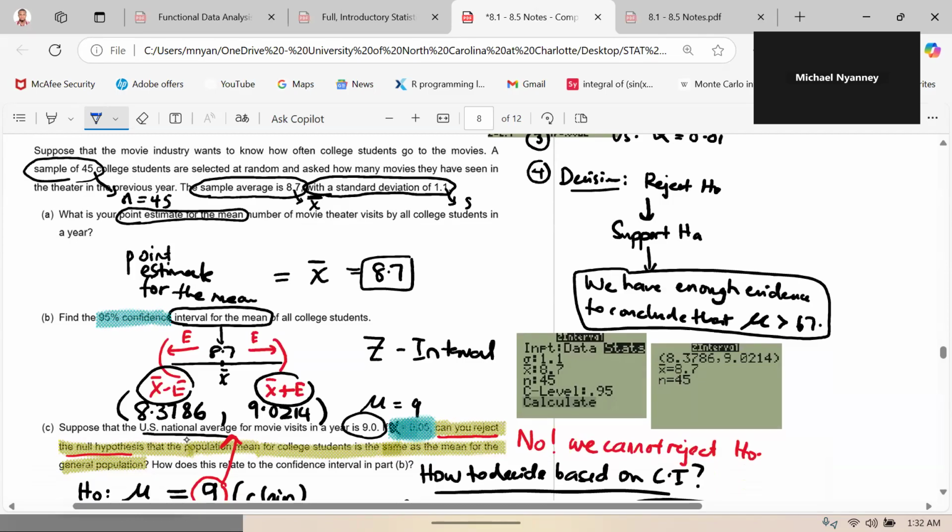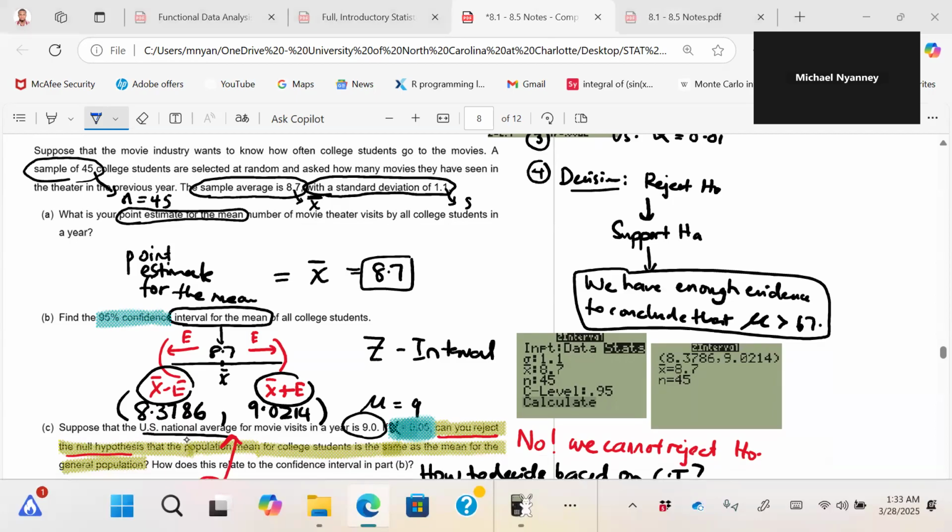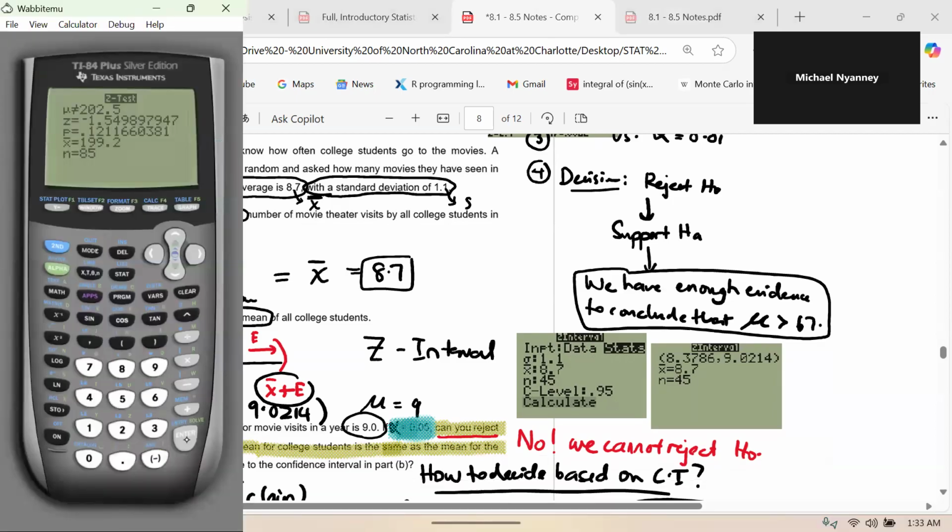So we've gotten to know how to find the confidence interval. You go to your calculator, go to Stats, Test, and you go to Z-Interval. If the sample is large, then you input the necessary details there. You enter your sigma, the standard deviation in the question, which is 1.1.